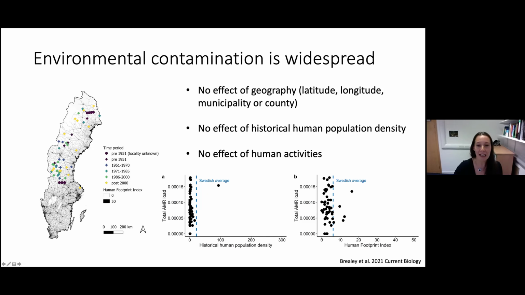But again, given the range and the Swedish average, the vast majority of our bear samples have been sampled from areas that are not heavily impacted by humans, which suggests that detecting the effects of increased antibiotic use and then the effects of implemented policies in the bears really suggests that the effect of antimicrobial contamination is widespread in the environment and is not only confined to the proximity of human habitation.